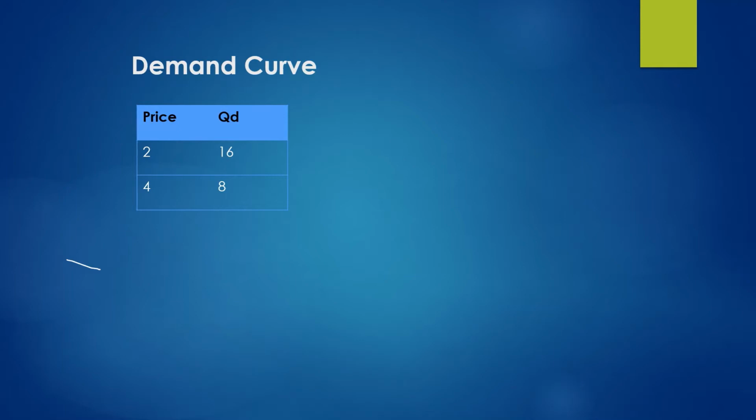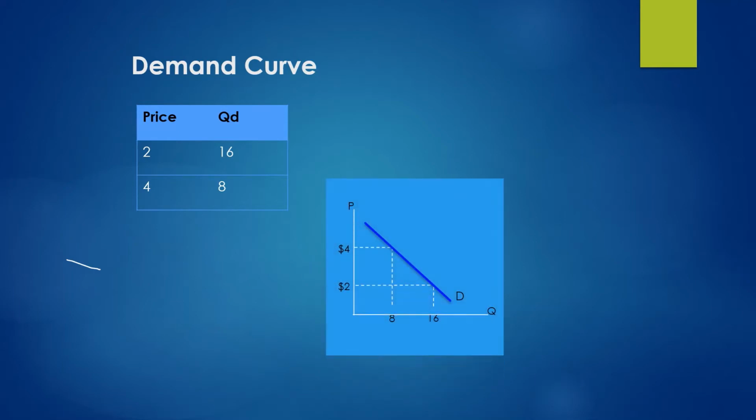So when we transfer this information from the demand schedule onto a graph, we get a graph like this, where we measure prices on the y-axis. Why? Because prices are considered the independent variable, right?